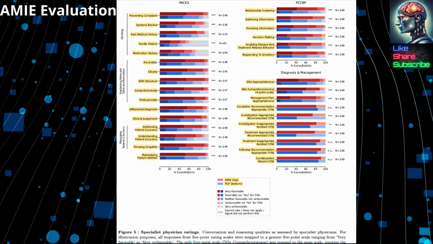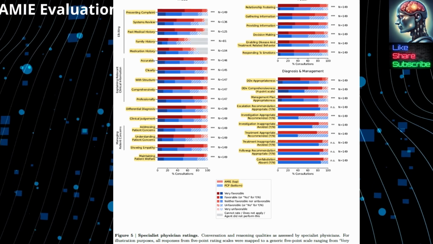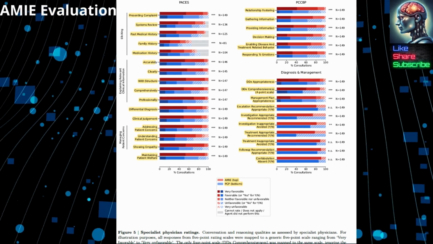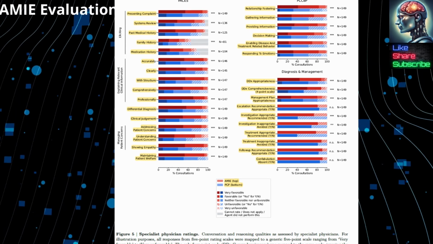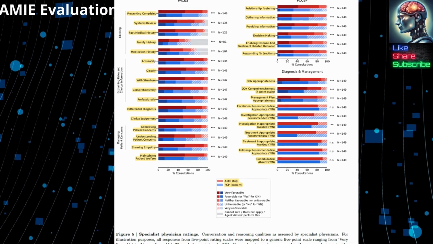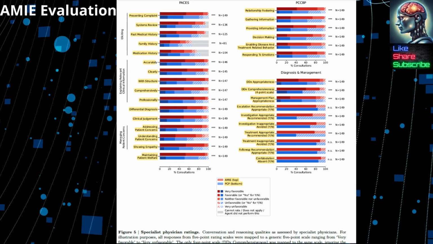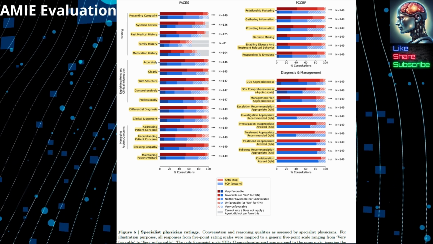For this set of evaluations, differences in specialist ratings between AMIE and PCPs were statistically significant. No significant differences in ratings were detected for 4 of the axes in the diagnosis and management rubric, namely escalation recommendation appropriate, treatment inappropriate avoided, follow-up recommendation appropriate, and confabulation absent, despite no exclusions.